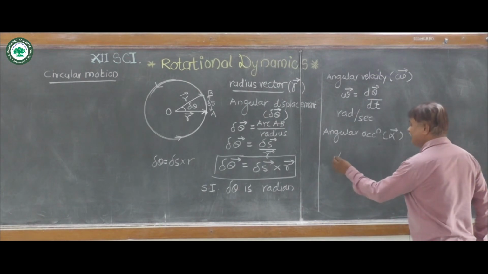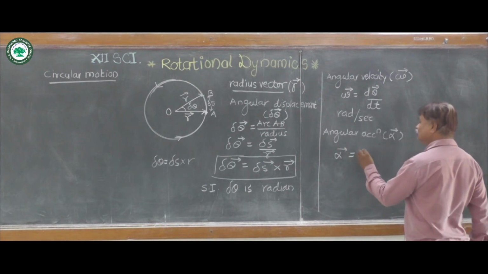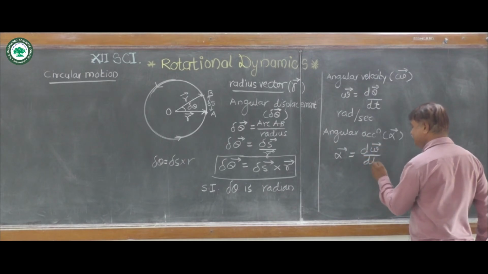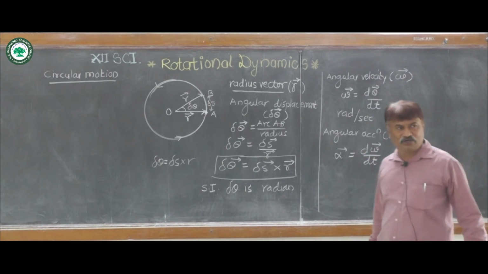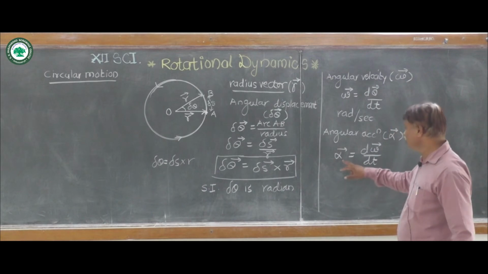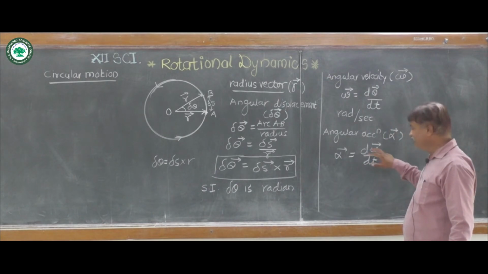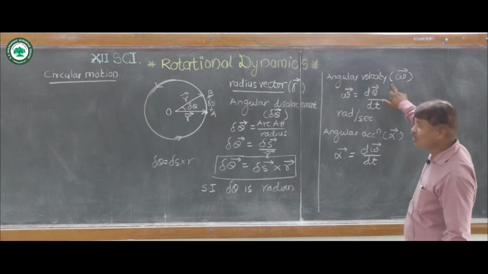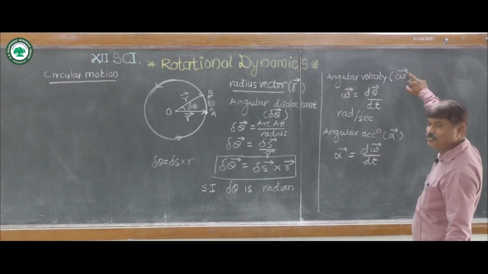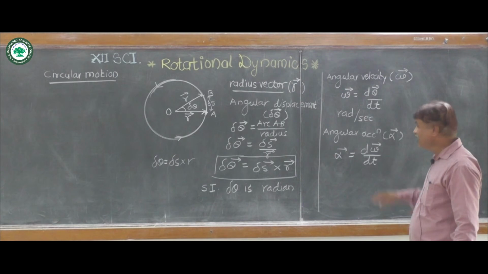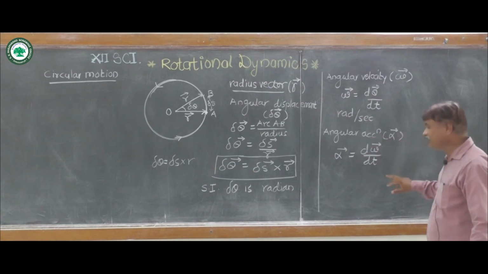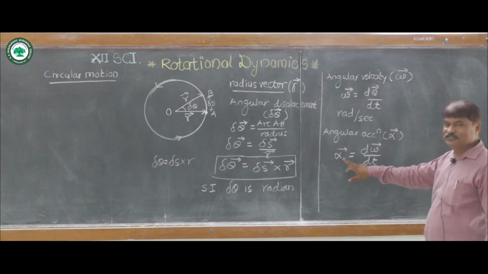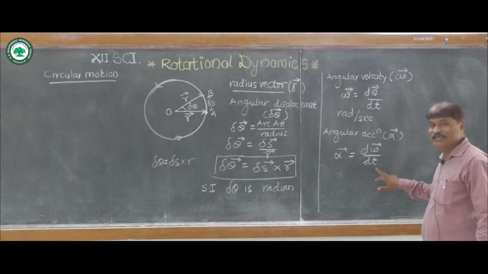So we write alpha bar is equal to d omega bar by dt. Angular velocity is a vector quantity, that's why we write omega bar. Angular acceleration is also a vector quantity, therefore we write alpha bar equal to d omega bar by dt.